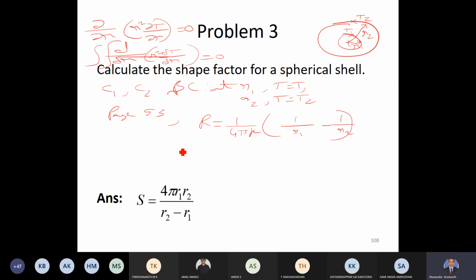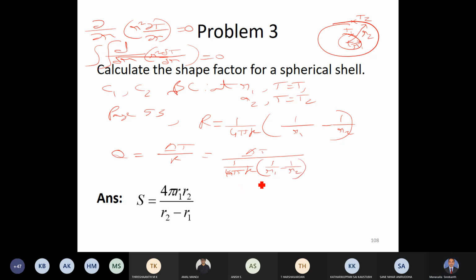Now you know the R value, so we can calculate Q as delta T divided by R. So delta T divided by 1 by 4 pi k into 1 by R1 minus 1 by R2.